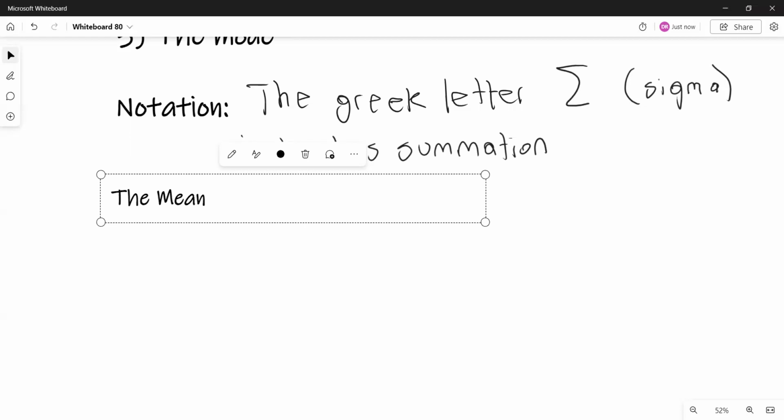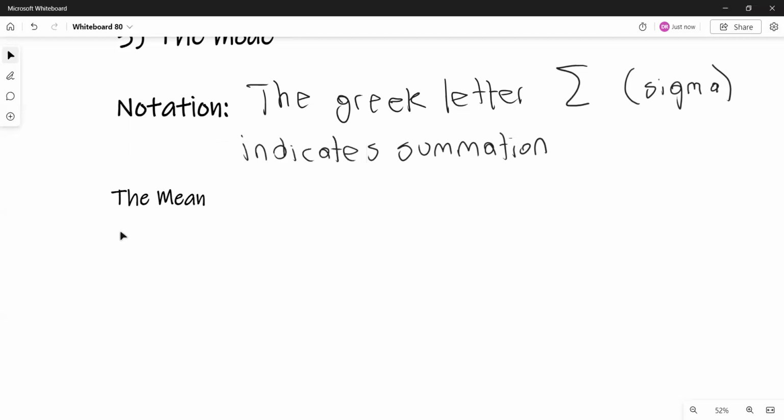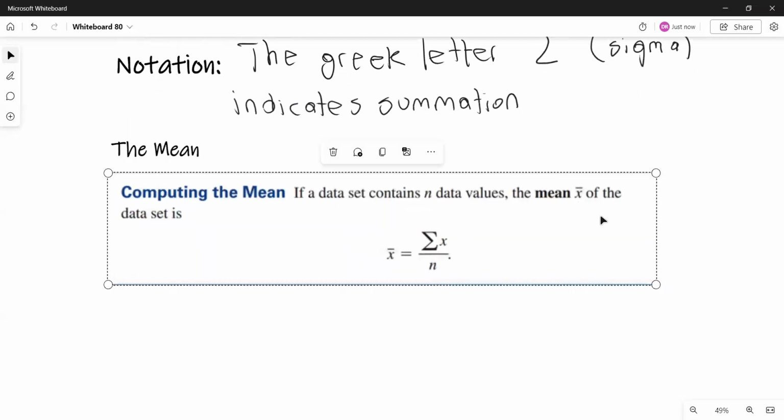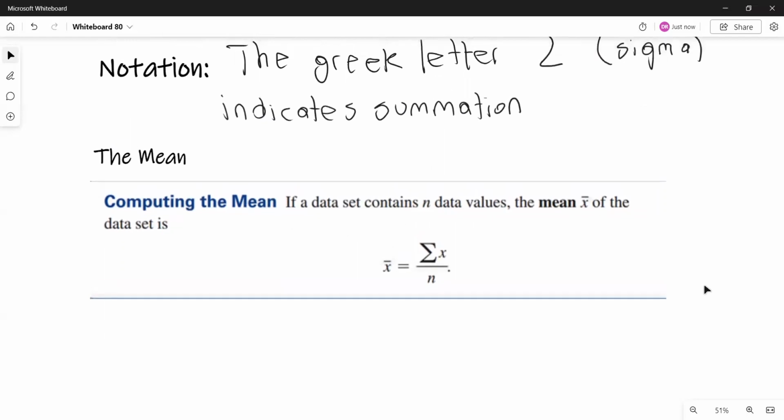So that's how you compute the mean of a distribution. If a data set contains n data values, then the mean x bar of the data set is the sum of all data values over the total number of values.